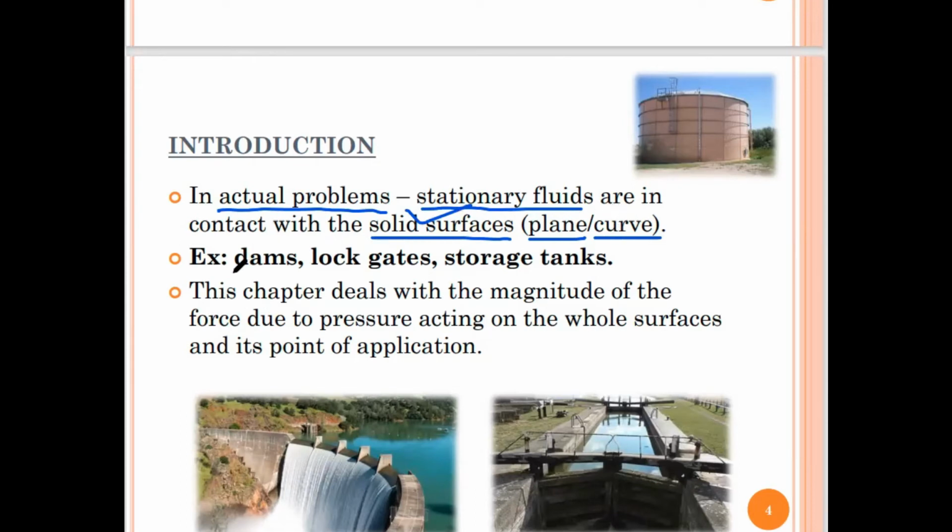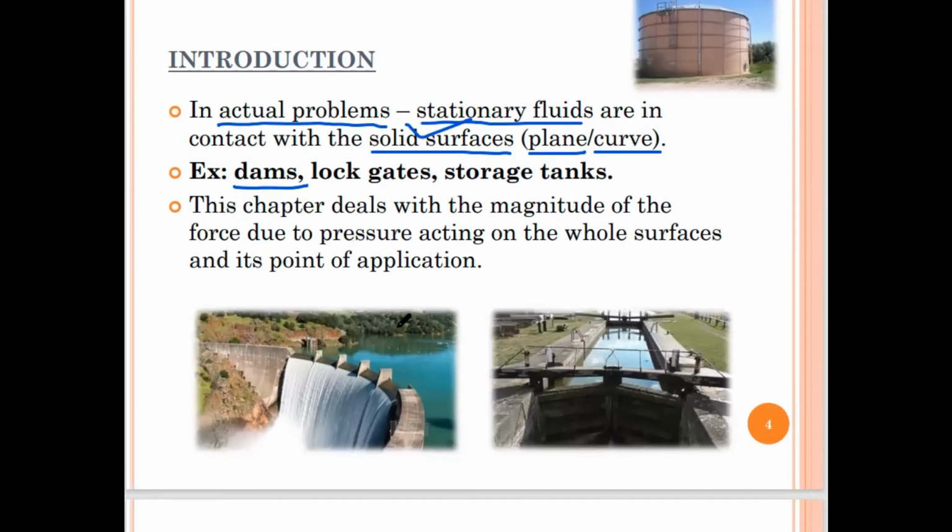For example, the dam is a plane, vertical solid surface. In the figure you can see this is a dam. What is the purpose of a dam? It is to store water. Whatever water is stored in this dam is a stationary fluid. Once we open the gate, then only the water will flow.